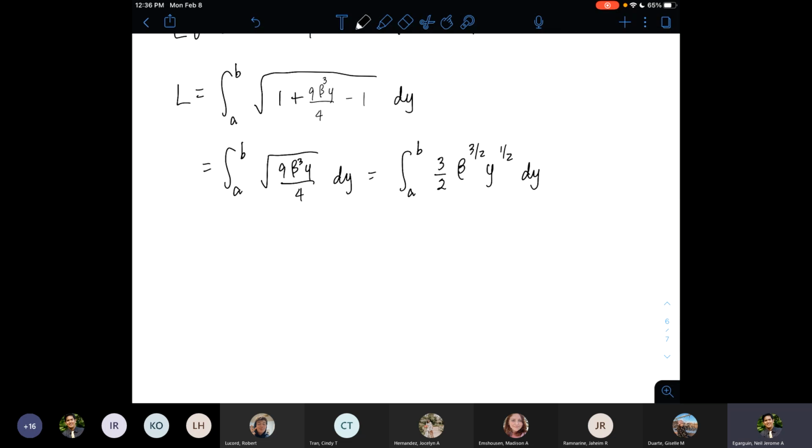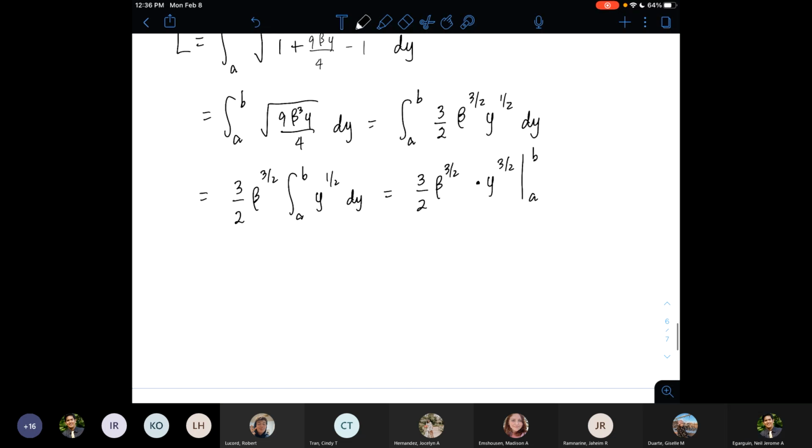Okay, and then remember beta is a constant. 3 over 2 is a constant, so we can write it more explicitly as this. I'll take the scalars out of y to the 1 half dy. Okay, and then now I can integrate. So this is 3 over 2 beta to the 3 halves times y to the 3 halves evaluated from a to b over 3 halves.